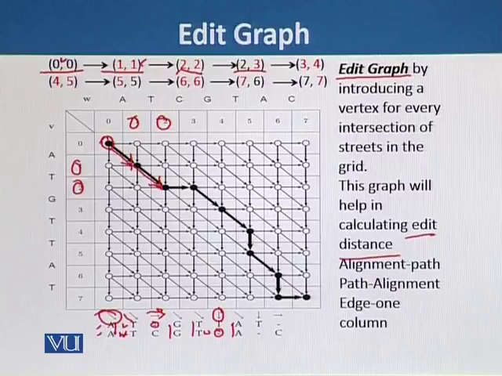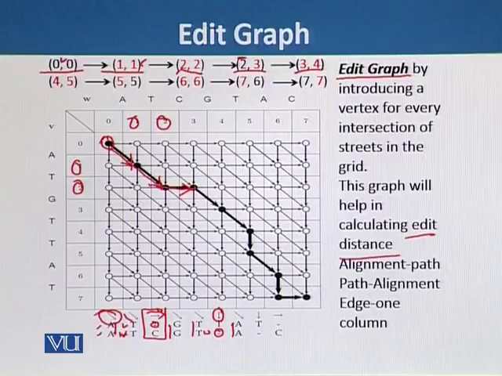Now in this case 2 3, it means that in the V string there is a space and there is no alphabet. We remember that whenever there is a missing alphabet in the V string, we will move in the east direction.